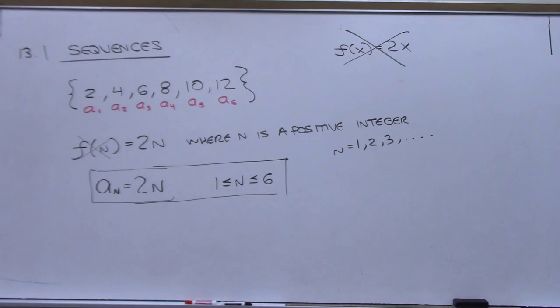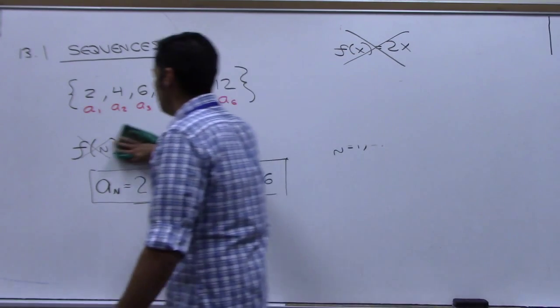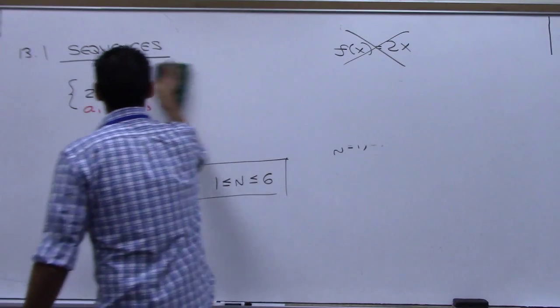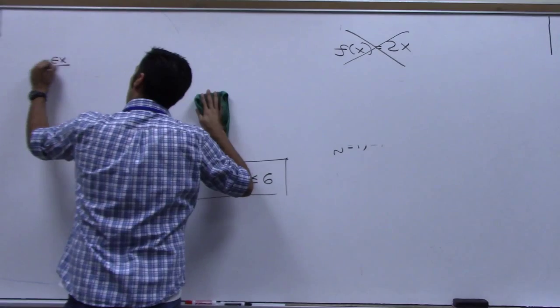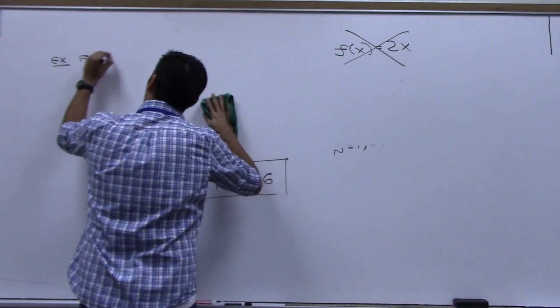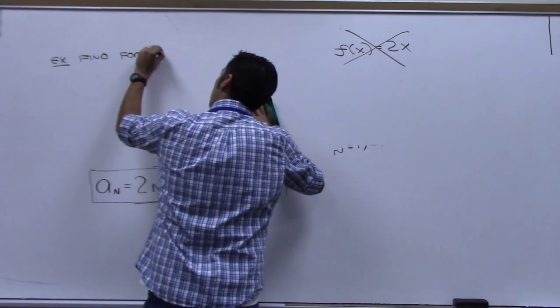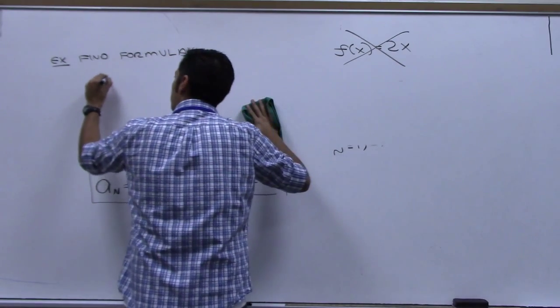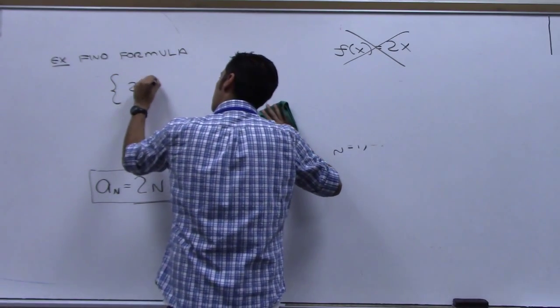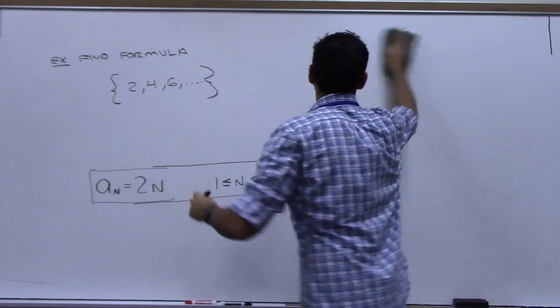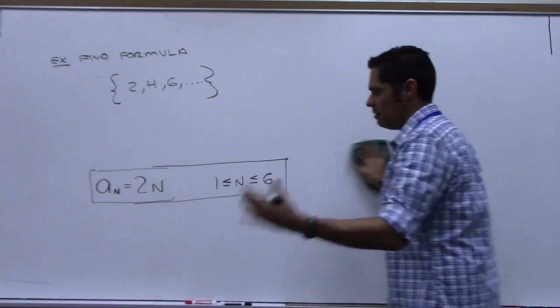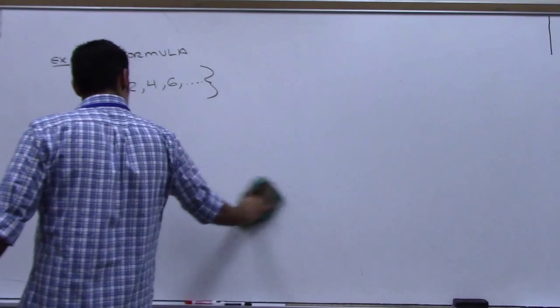All right, so that would create that sequence. What if I wanted it to not stop? So let me give you this example. Find a formula for this one. And if you use 4 dots, that's okay. 3 dots is the generally accepted.